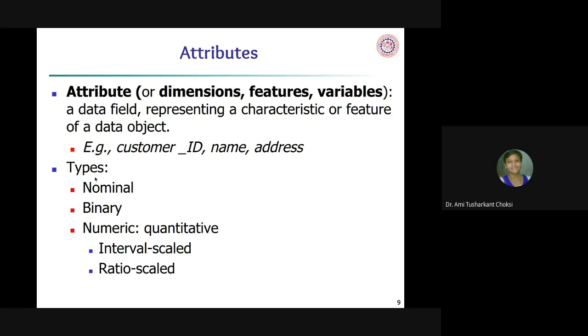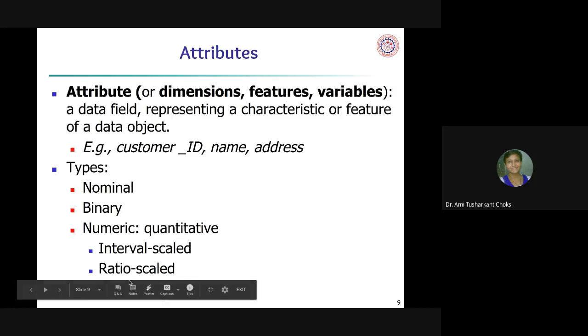Fine. Now, the types of attributes are nominal, binary, numeric, that is quantitative, interval scaled, and ratio scaled.